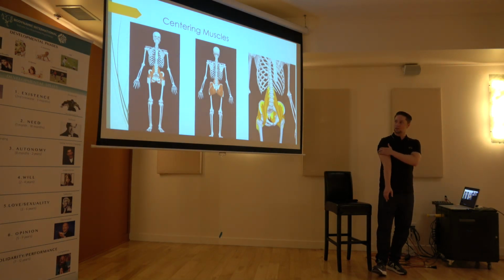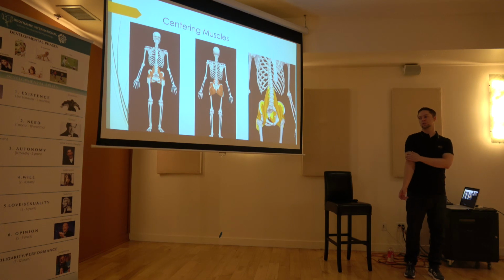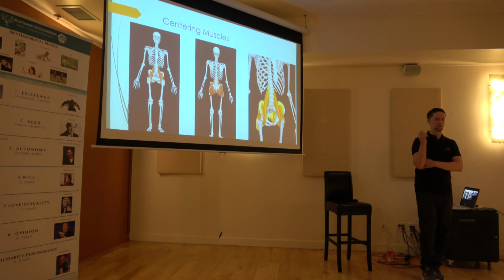So centering muscles, here's a picture of what they look like. These are the ones that are taught in the training. In the training that's coming, we learn about 6 muscles for each developmental stage, and these are all the centering muscles that are learned.